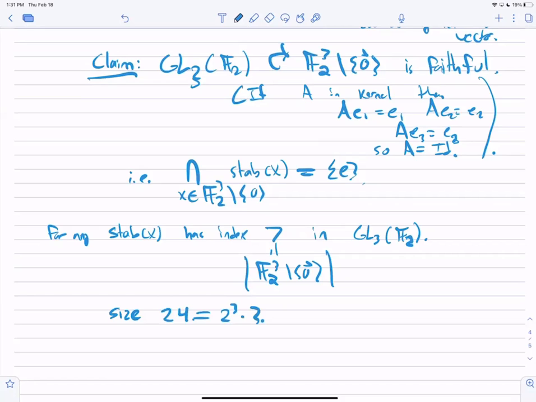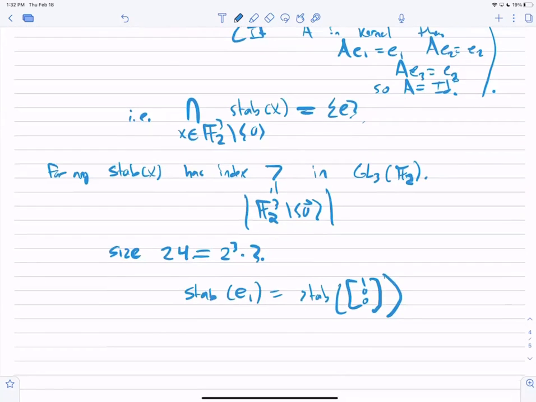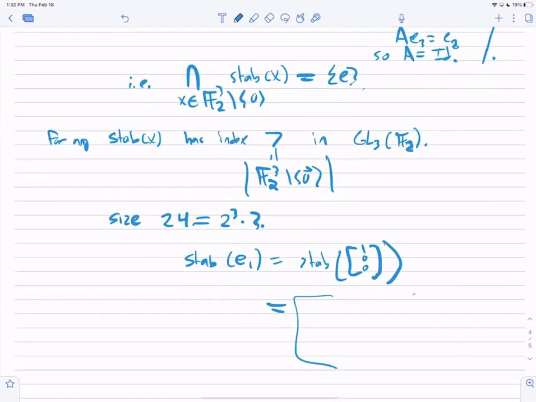And we could check this by hand too. You can write down what the stabilizer is for a specific point. The stabilizer of the first basis vector, so just the bit vector 1, 0, 0. Well, this is just everything that has first column 1, 0, 0.